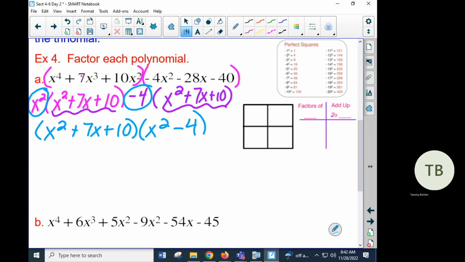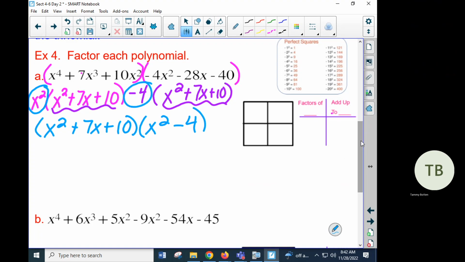Okay. Now, like I said, what happens in this a lot of the times is that you can factor more. If you see this, that tells you you can factor a trinomial, and this is the trinomial I can factor, okay? So I would know I'd have an x squared here, the 10 would be here and here, and the 7 would be here.